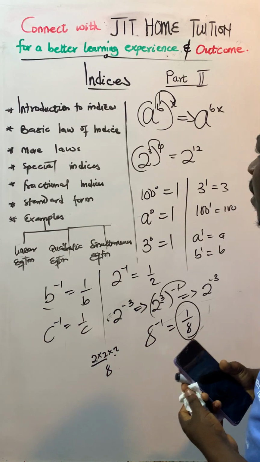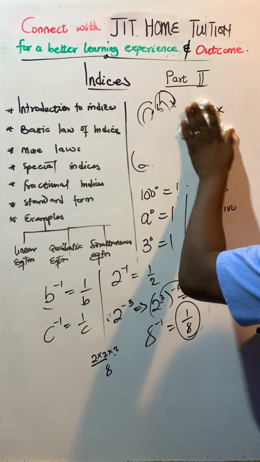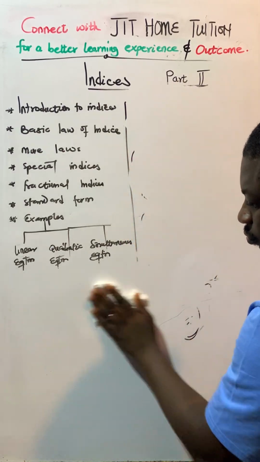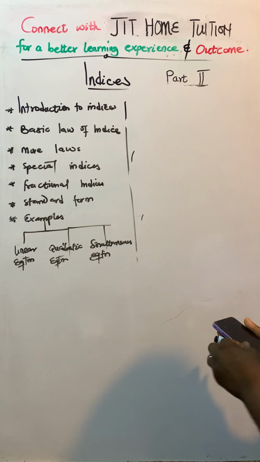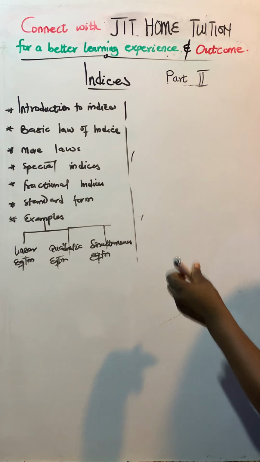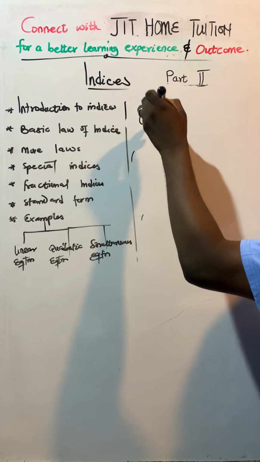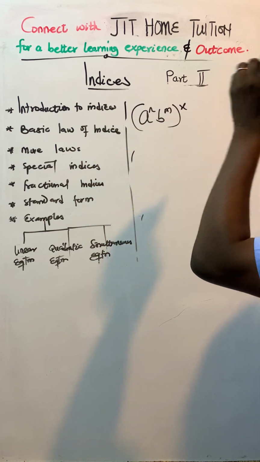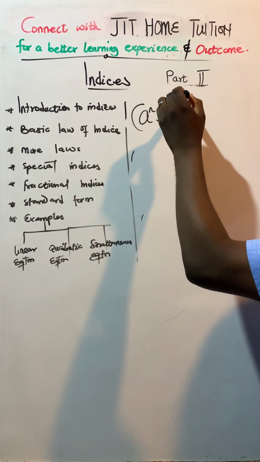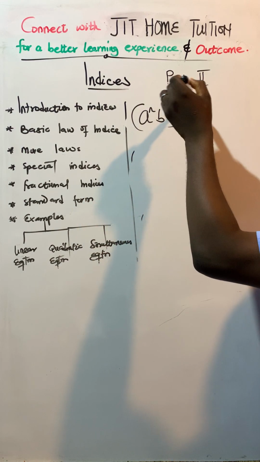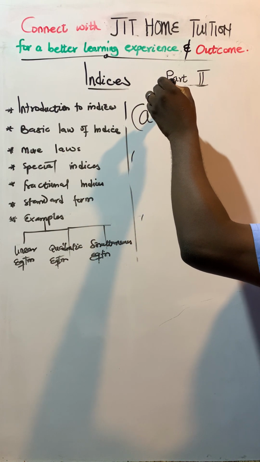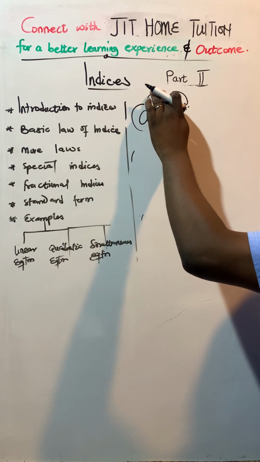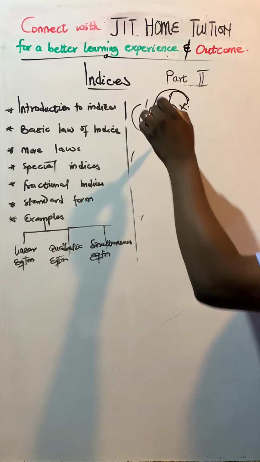All right. Now let's look at more of it. Another one that you want to know is that assuming that you have a exponent n, b exponent m, then you have x like this. With this one, what is going to happen is that the exponent outside will multiply this and also multiply this. So what I mean is that this one will multiply what you have over here, then it will also multiply what you have here.